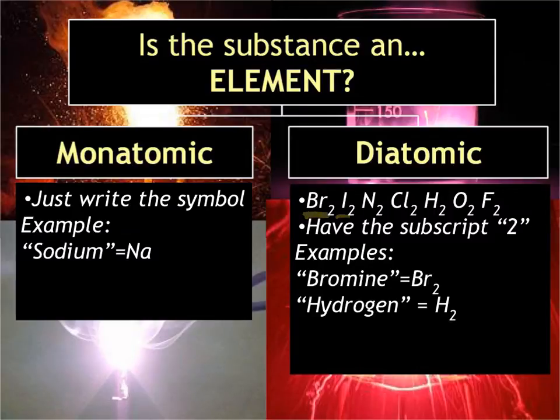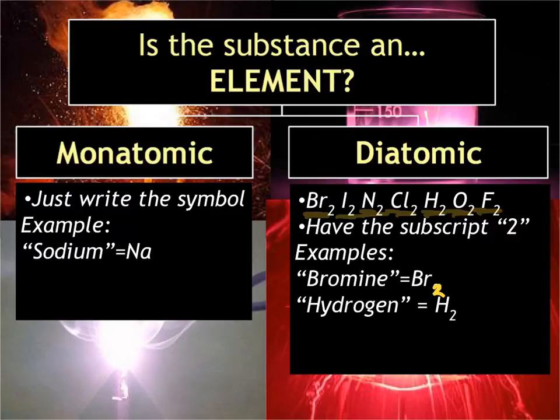Bromine, iodine, nitrogen, chlorine, hydrogen, oxygen, and fluorine are all diatomic elements. Whenever they're written in a chemical equation, you will need to write them with a 2 together. These are elements that in nature will not be found by themselves.